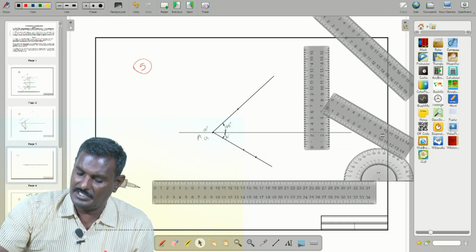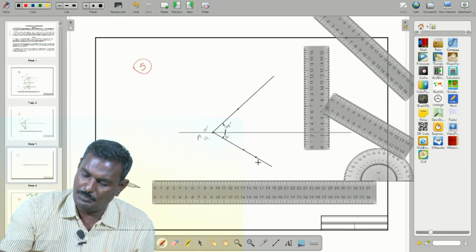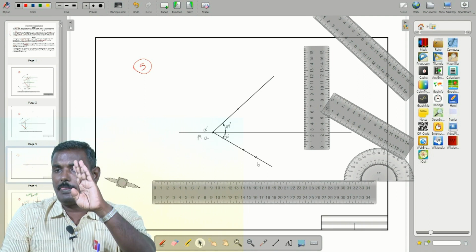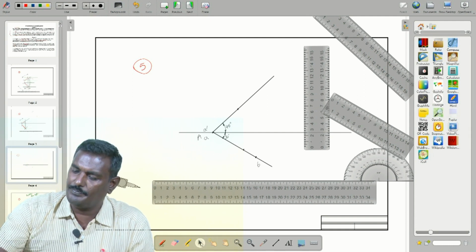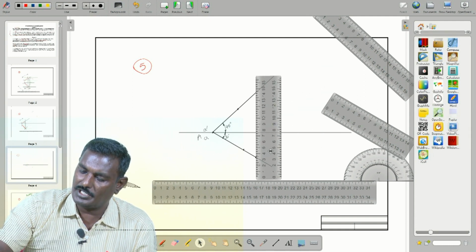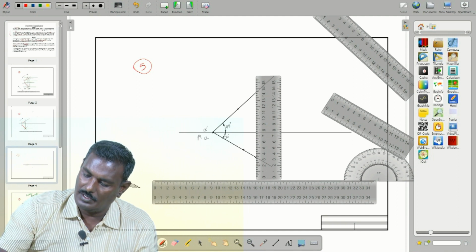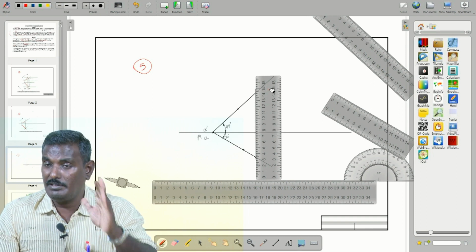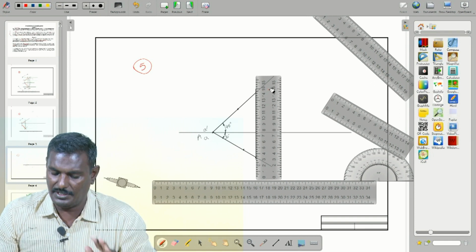So, the plan is given, is it? What is the meaning of this plan? Small b is given. Therefore, from this draw a projector, from this draw a projector. That projector intersects the elevation line inclined at 45 degree.